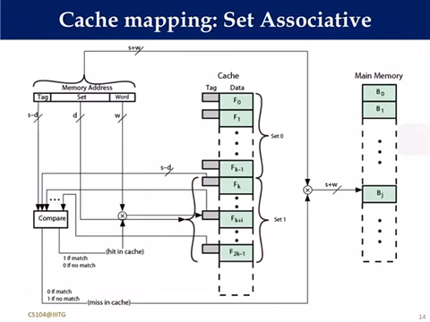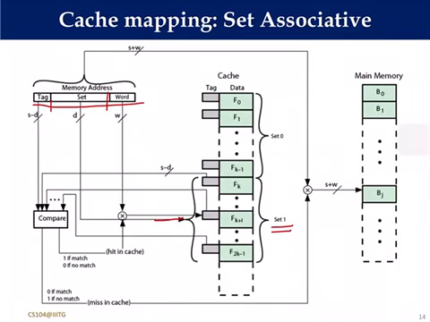Now if you go to that comparison diagram, here is a clear-cut distinction between your word, the set and the tag. This number of bits will tell which set to go to, so this set number will identify a particular set, let's say set 1.